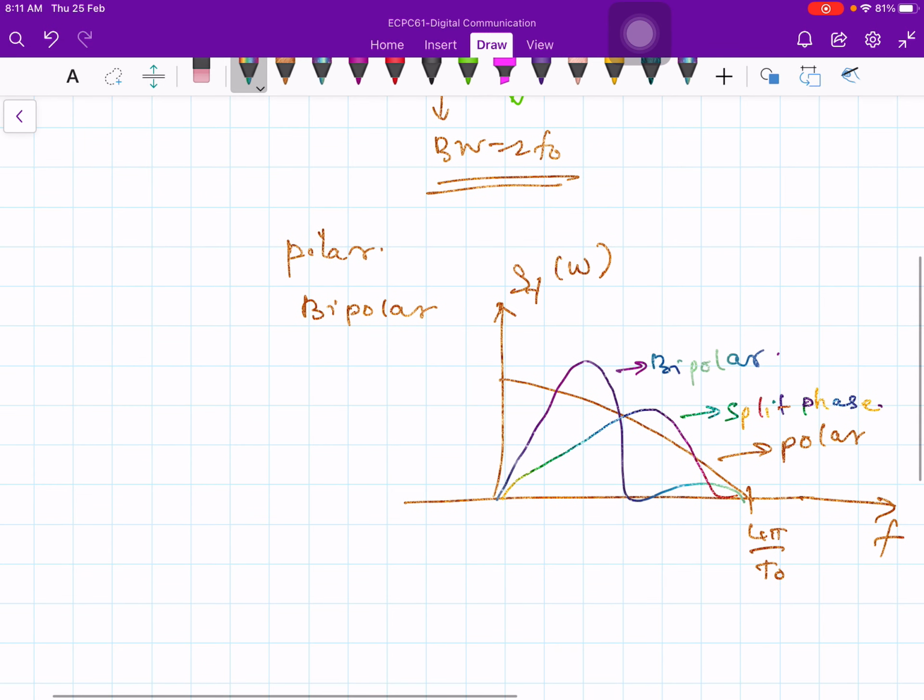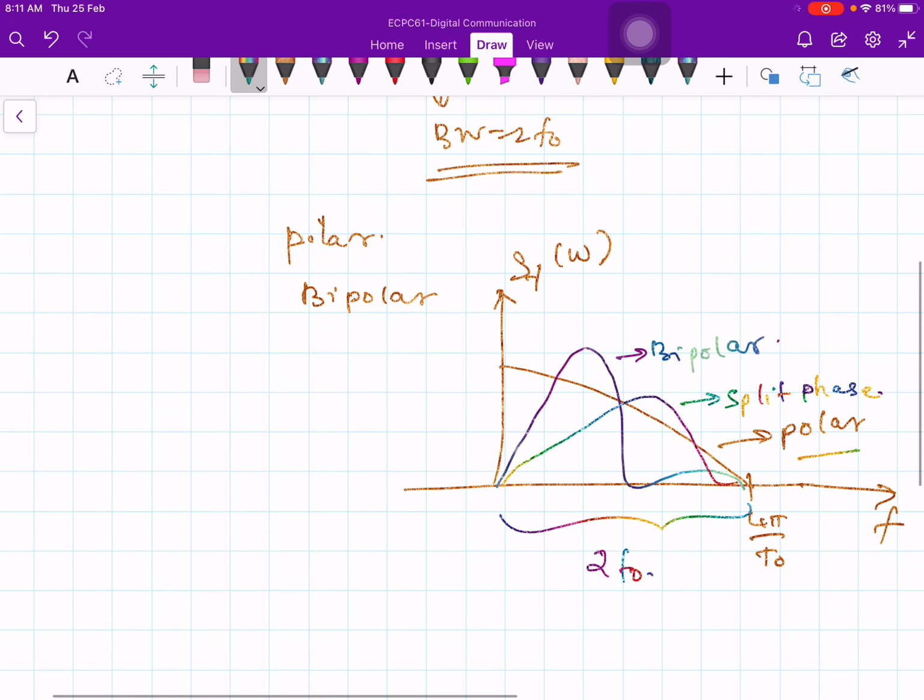If you look at the polar signaling, that is on-off signal, the bandwidth is how much? 2f0, but it doesn't have the discrete spectra. If you look at the polar on-off signaling scheme, there we didn't find any discrete component, plus it doesn't have any strong DC component. This is omega equal to 0. At omega equal to 0, we didn't find any DC component.